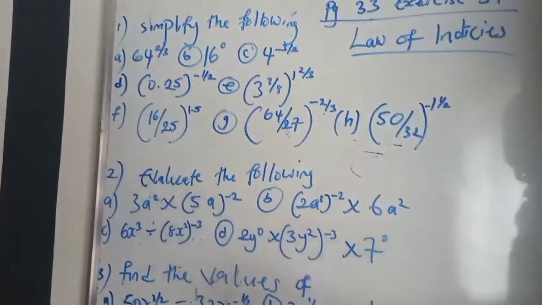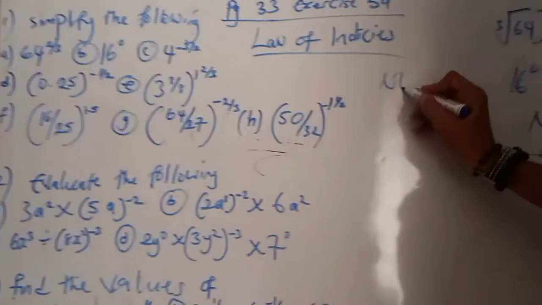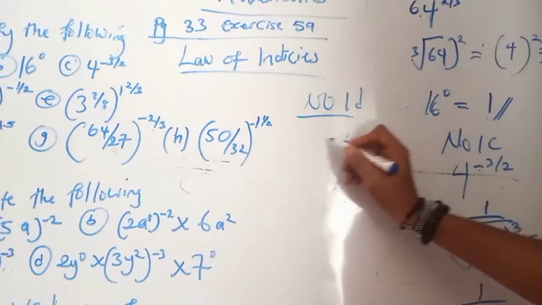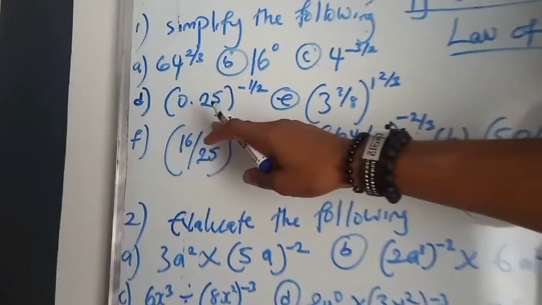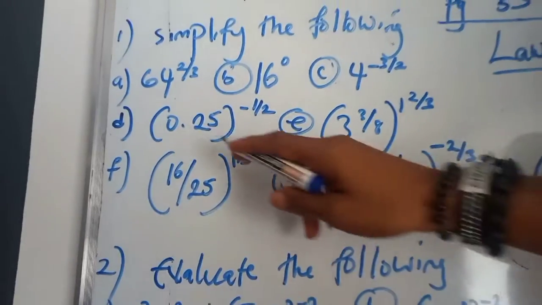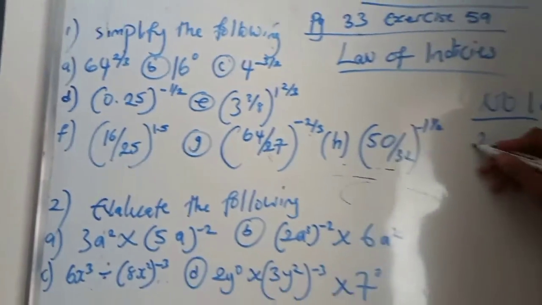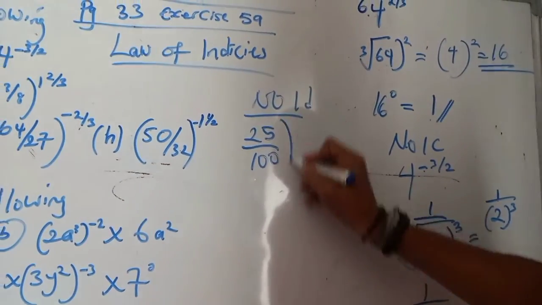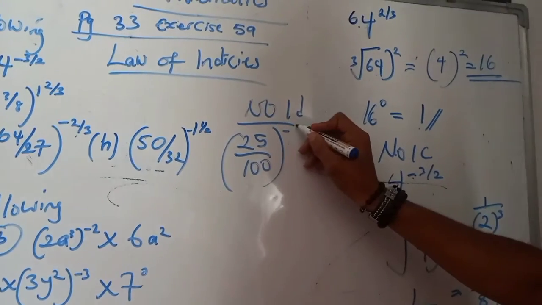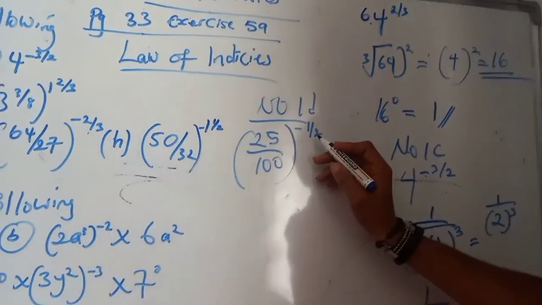Then we continue to number 1d, which says 0.25. All I do is convert to a fraction. The fraction of 0.25 is 25 over 100. Negative law and fractional law are the two laws affecting this one.